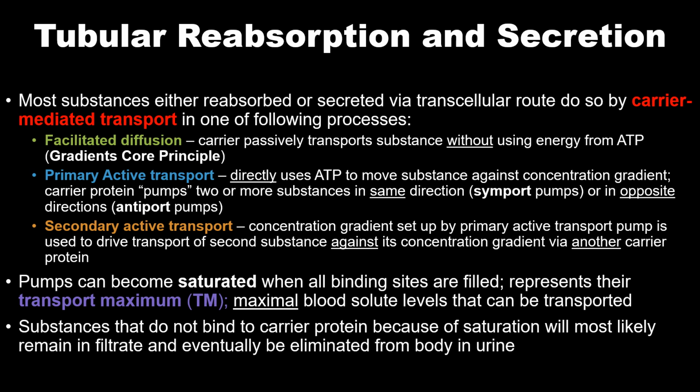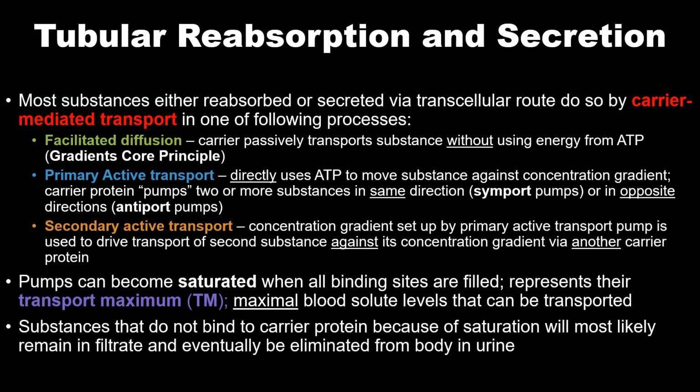You also have primary active transport, in which a carrier protein pump directly uses ATP to move a solute against its concentration gradient. In this case, there are antiport pumps and symport pumps. Antiport pumps move two or more solutes in opposite directions, and symport pumps move two or more solutes in the same direction.